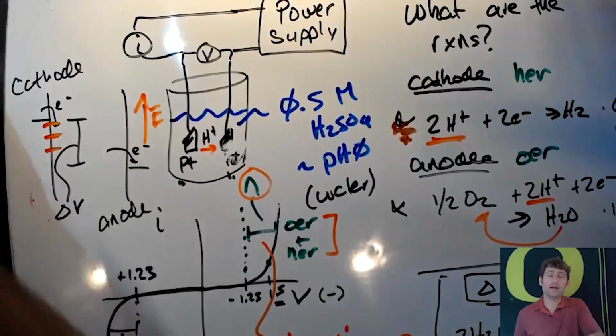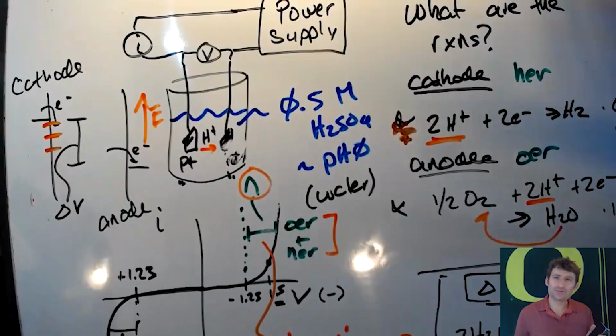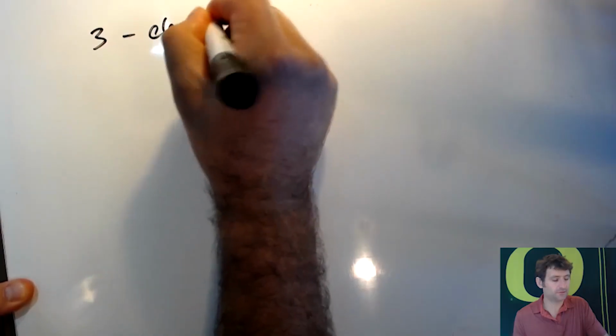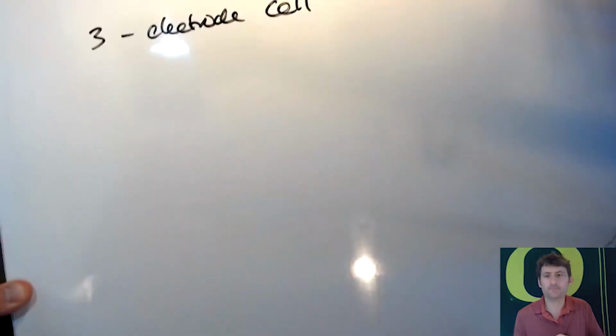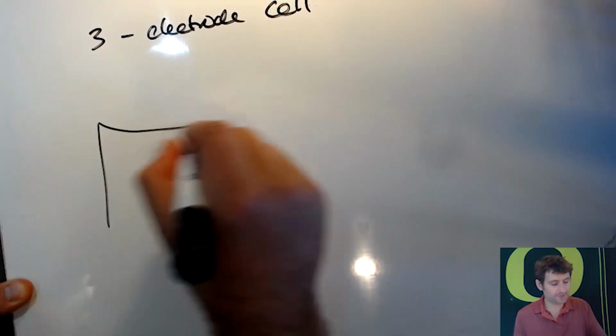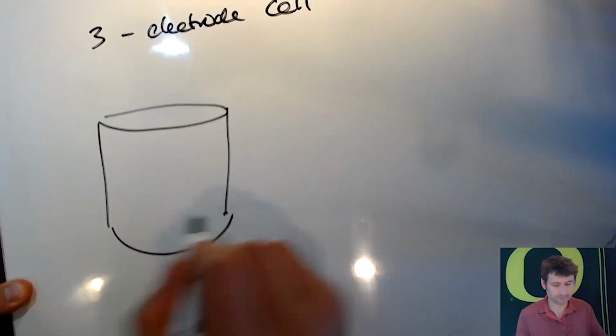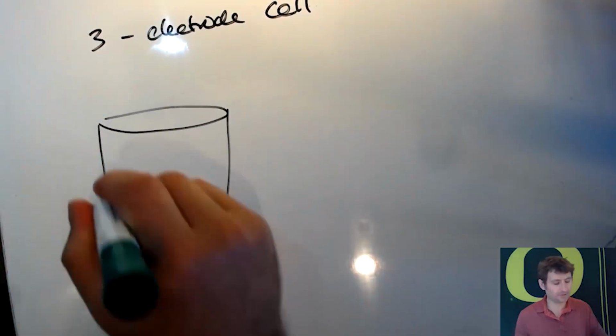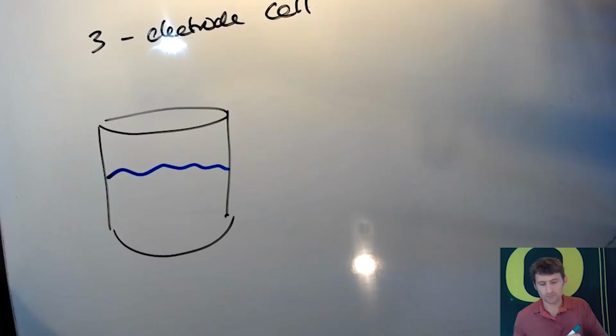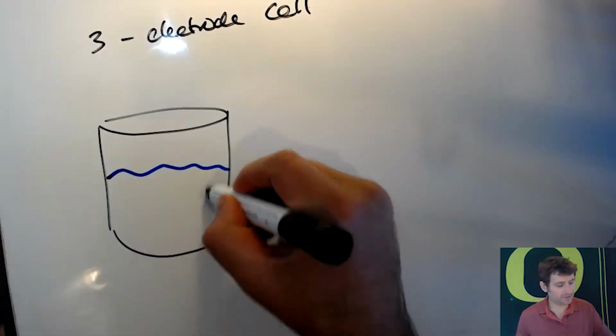So now I'd like to talk about a 3-electrode cell that solves these problems and the use of a potentiostat. In this case, we have our same beaker here. We're going to use our same electrolyte. We're going to have our same 2 platinum electrodes.